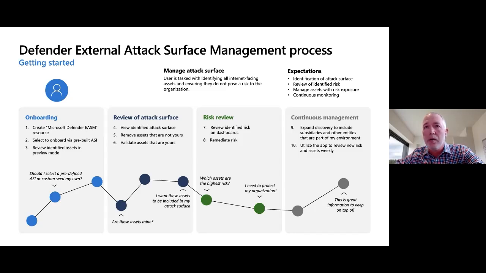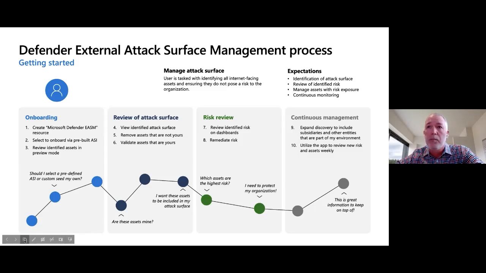Now, when you onboard an EASM resource, we're going to talk about a concept called discovery here in just a moment. But that's really what's happening in the onboarding phase. We actually have a couple of options, but we're going to create our EASM resource first, and then we're going to seed it with some data that is unique to our organization. There are 2 methods for doing that.